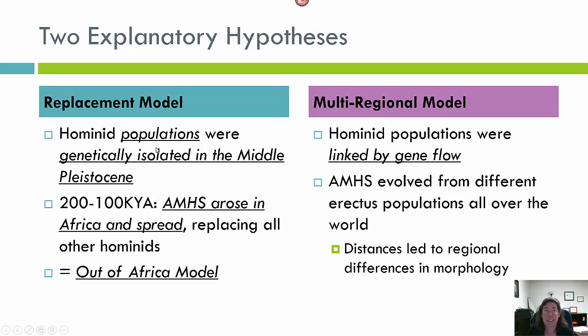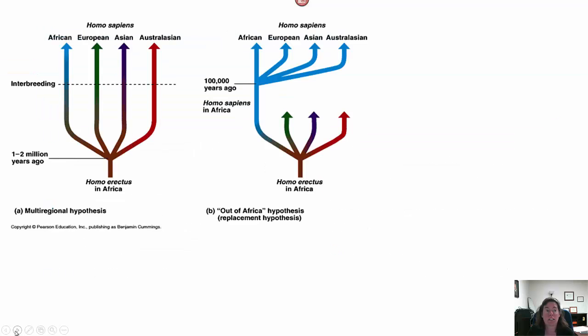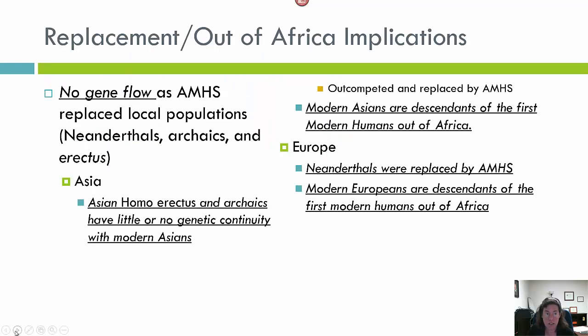Here, they're genetically isolated. Anatomically modern Homo sapiens evolved from different Homo erectus populations all over the world. The distances led to regional differences in morphology. So this is just a graphical illustration of the two hypotheses and how they are perceived to have occurred.